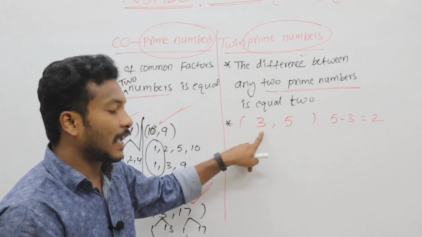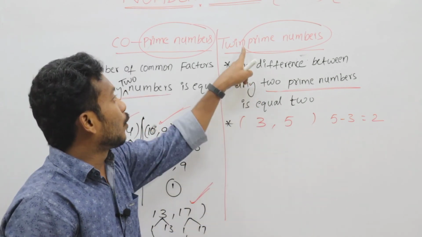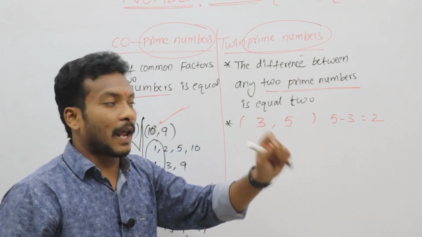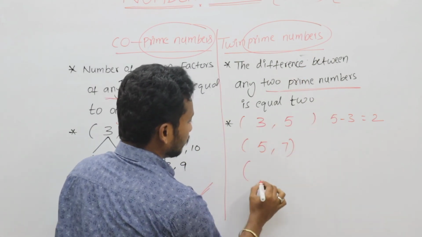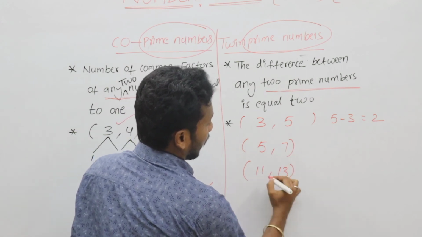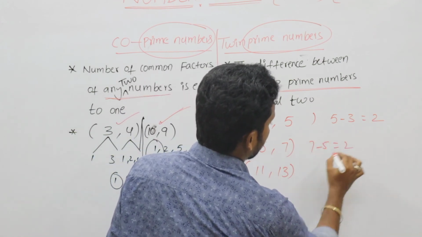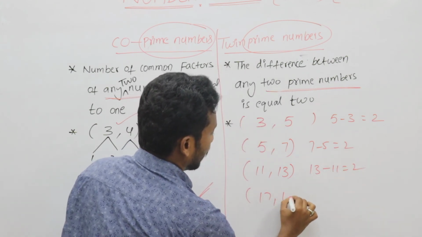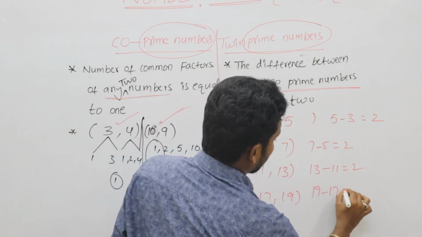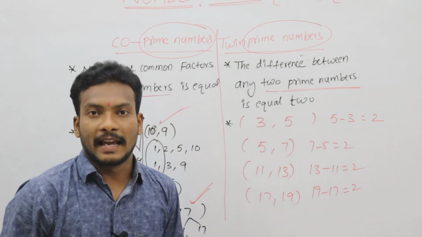That time only we take this as twin prime numbers. Another example, 5 and 7, and 11 and 13. 7 minus 5 is equal to 2, 13 minus 11 is equal to 2. I am also taking 17, 19: 19 minus 17 is equal to 2.